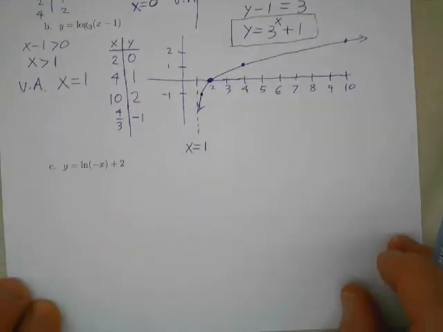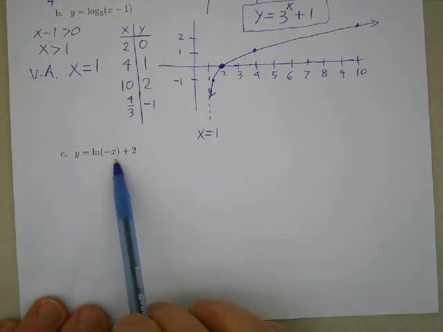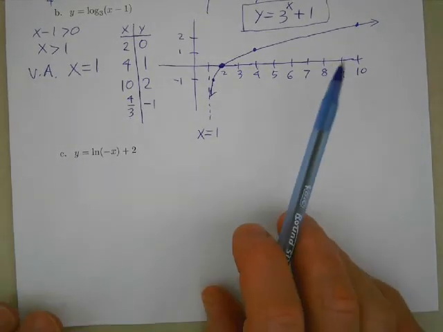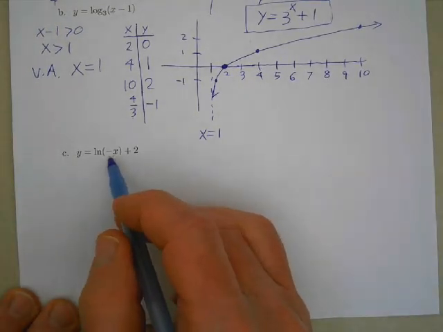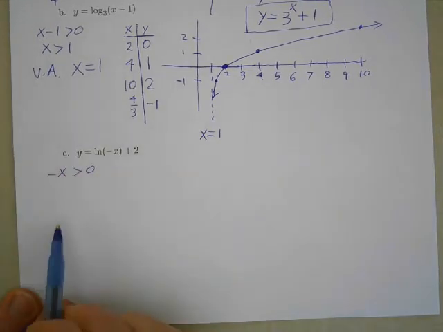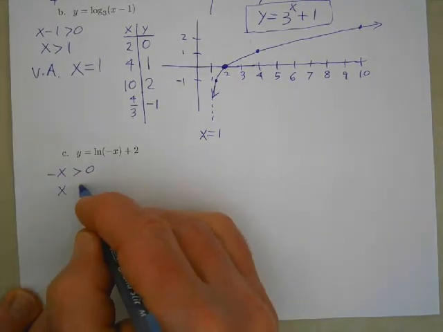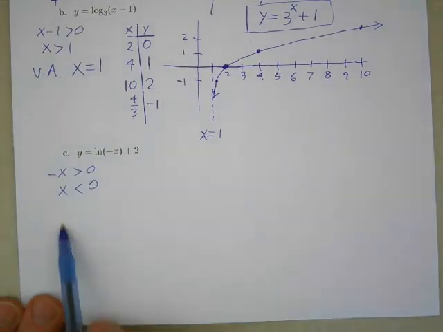Okay, the last one here on this page, graph y equals the natural log of negative x plus 2. Okay, well, negative x has to be greater than 0. So that means the x values, or the domain, are the negative numbers. x is less than 0.